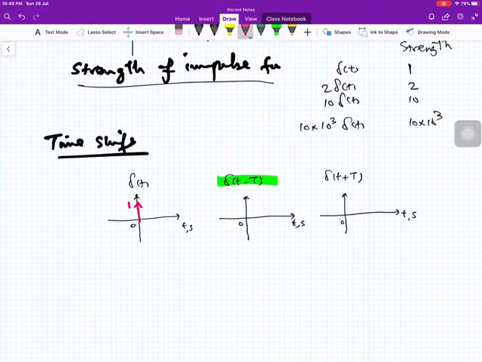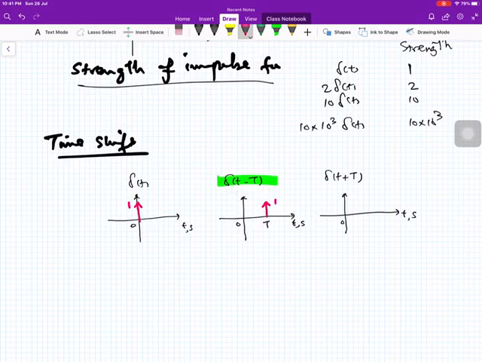It means that if this is t, then delta t minus t should be represented by this. This is 1. Note that originally it was here. This is delta t only, and if we shift it an amount t seconds towards negative side, it becomes delta t minus t.